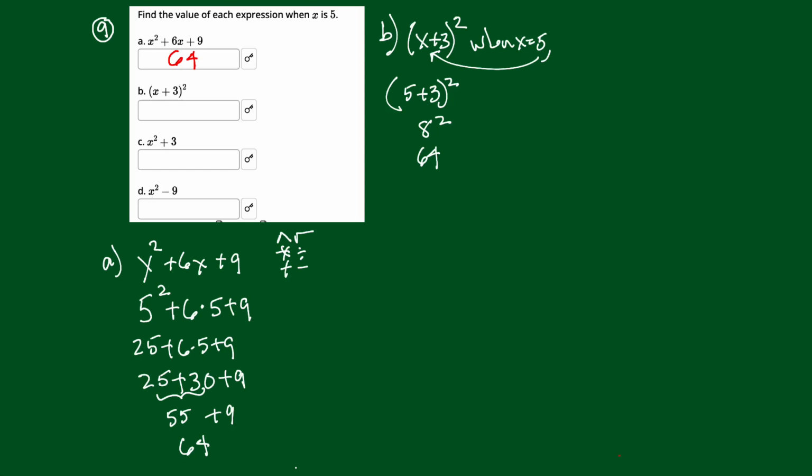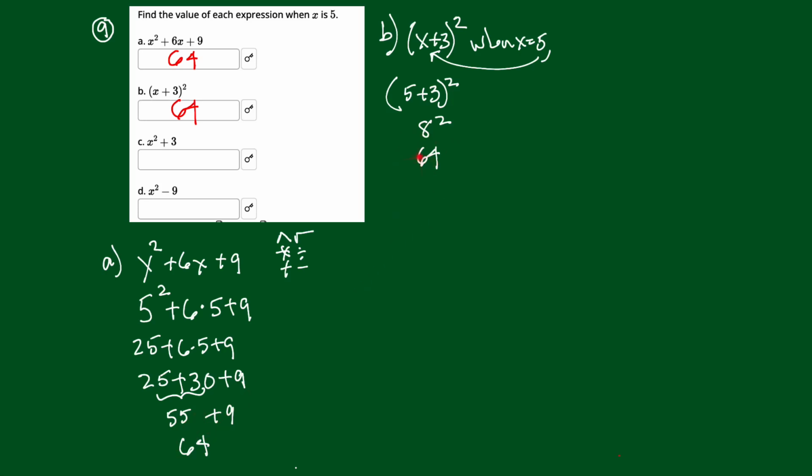All right, so the answer to the second part here, let's put it in our solution field here, 64. So let's just look at both A and B now. In part A, we got 64, and in part B, we got 64.